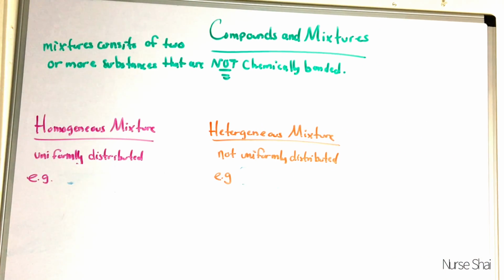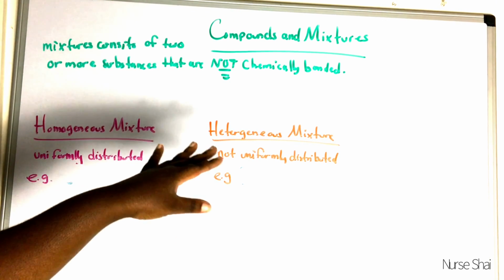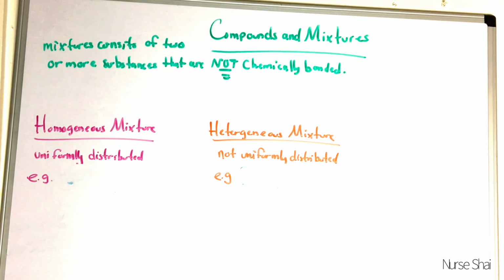Okay, so now we're talking about compounds and mixtures. Mixtures consist of 2 or more substances that are not chemically bonded. There are 2 main mixtures that they use in chemistry: homogeneous mixture and heterogeneous mixture. Homo means same, hetero means different. So homogeneous is a mixture that is uniformly distributed.